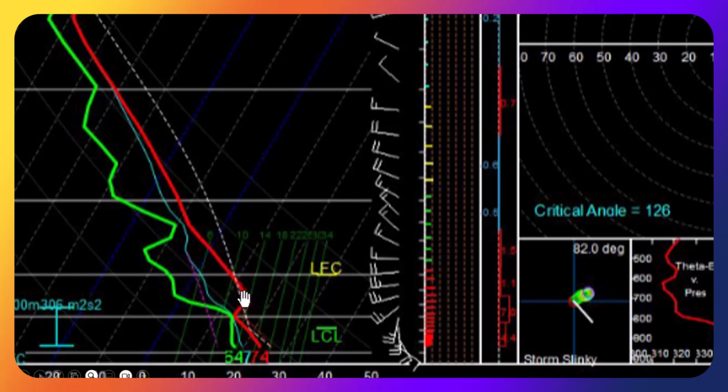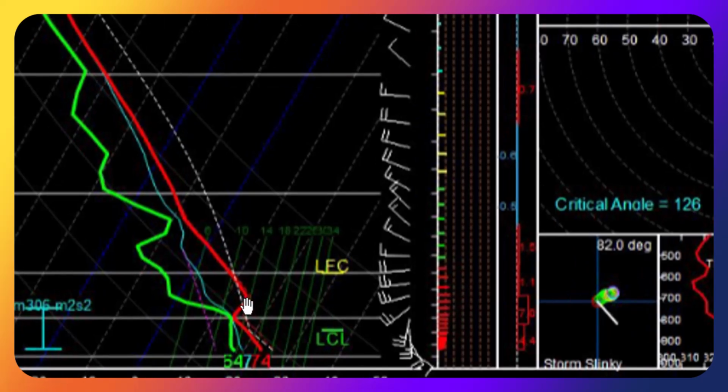That means our air parcel is colder than our air temperature. Well, that means that this small area right here is our sin. Now, this very small bit of sin is usually not going to be enough to cause issues. The parcel can have enough energy within an hour or two to overcome that.